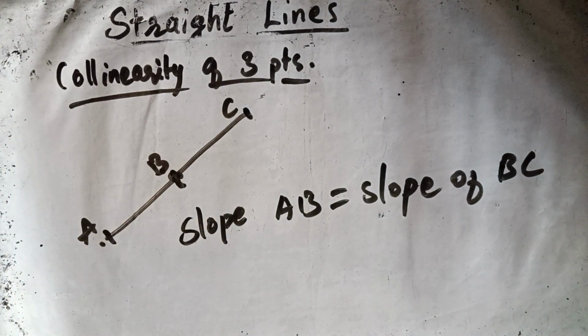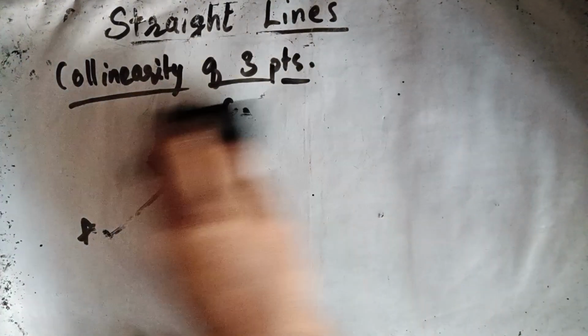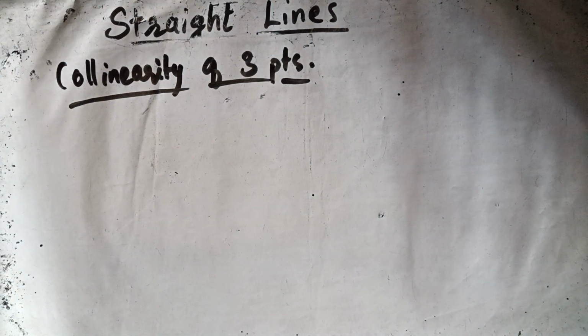Let's take one example. Example 5 we take. The time distance graph of a linear motion is given.